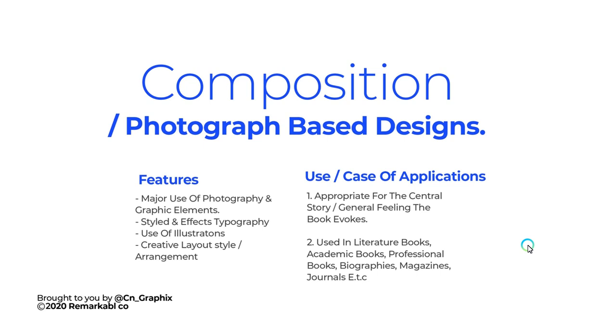This category really depends on your skill, your understanding of your design software, and how you can put different elements, pictures, and graphic elements together to come up with a final result. Now, this design style is mostly used, like I said, when appropriate for the general feeling the book evokes.